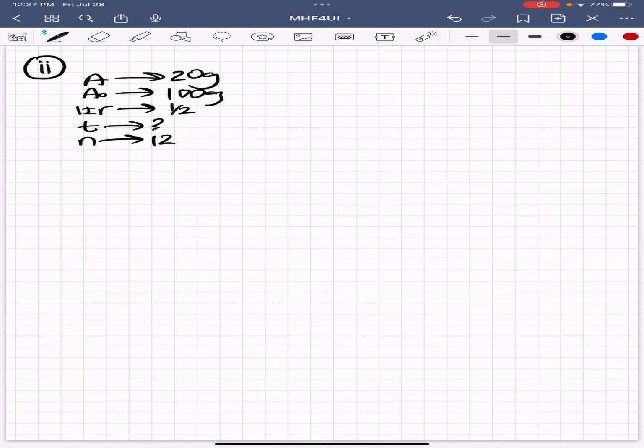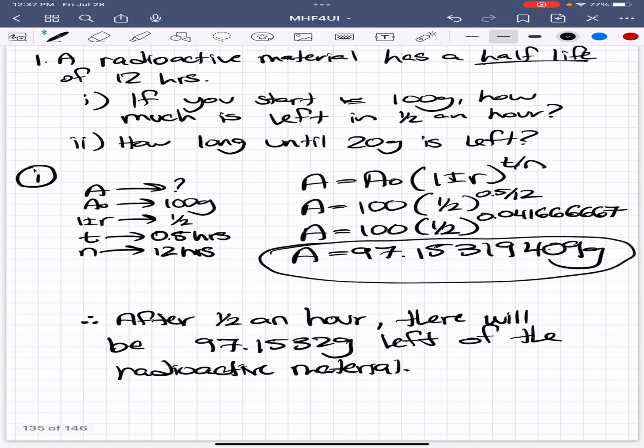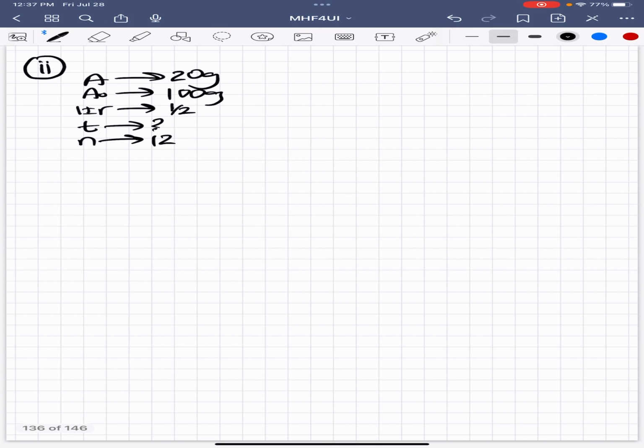And the material has a half-life of 12 hours, so our decay time is 12 hours. So the time that we get is going to be in the same units as N, and N is in hours.